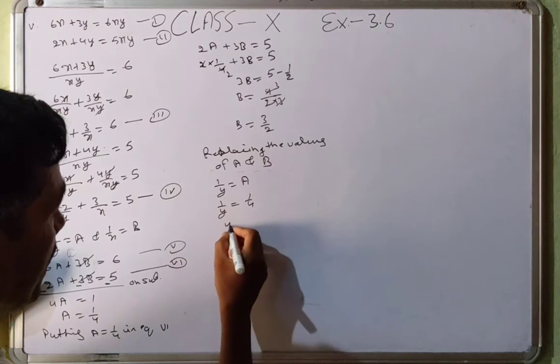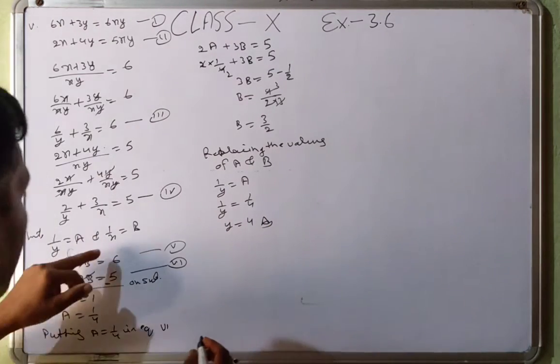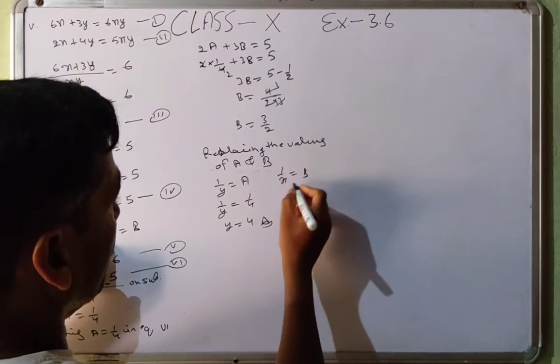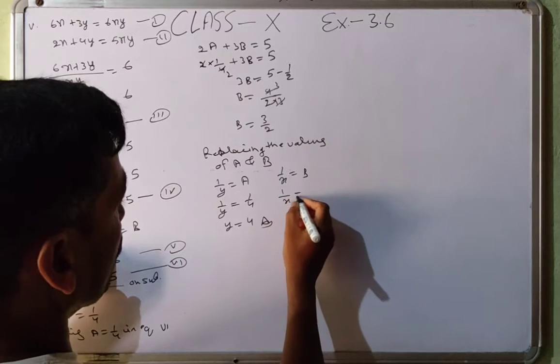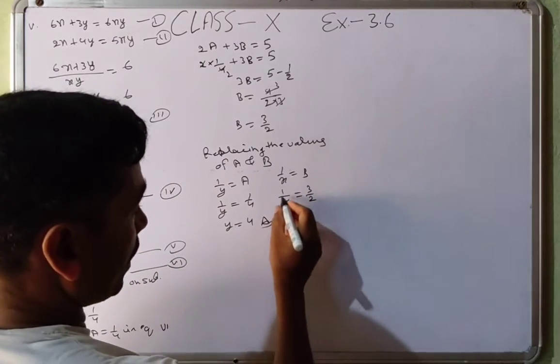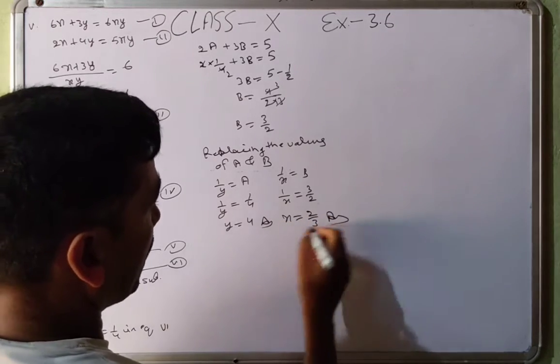So by cross multiply, y is equal to 4. This is the answer. And for b value, 1 upon x is equal to b. So 1 upon x is equal to 3 upon 2. So by reciprocal, x is equal to 2 upon 3. And this is the second answer.